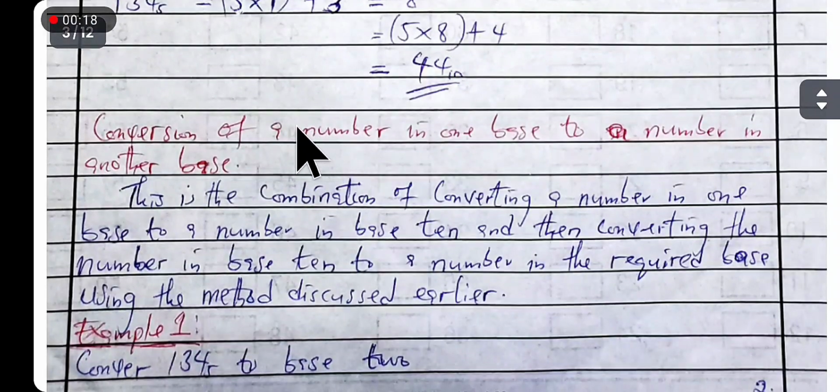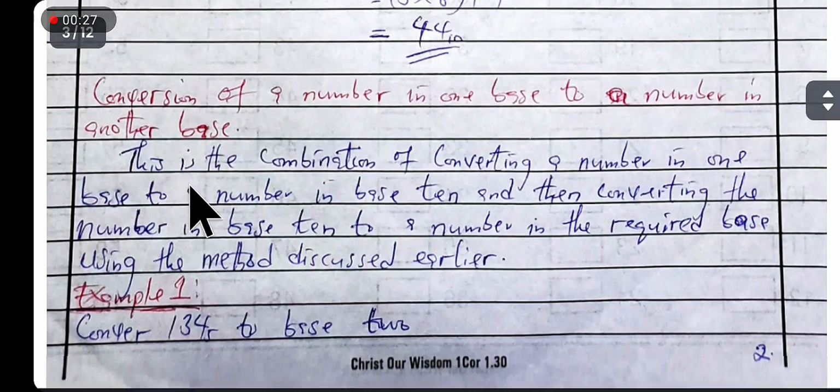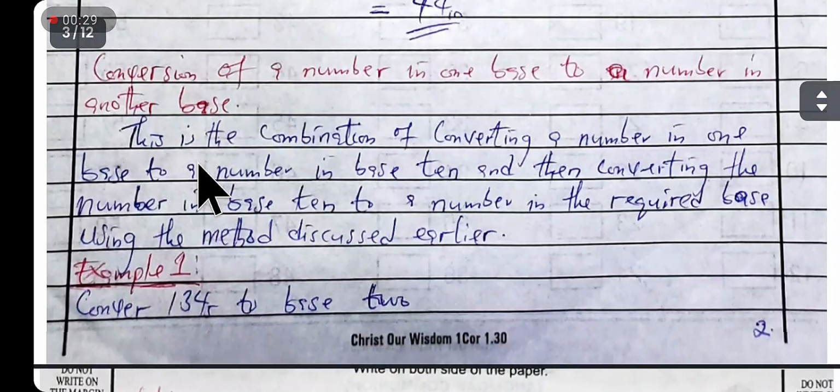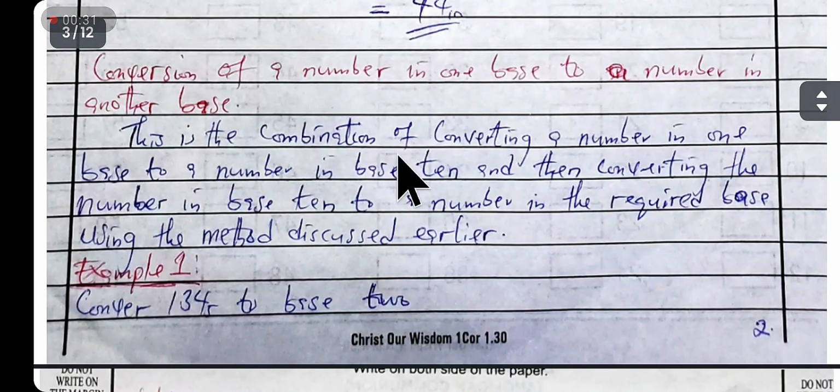The next topic is conversion of a number in one base to a number in another base. All right, so how do you convert a number in one base to a number in another base? Let's look at how it is done.